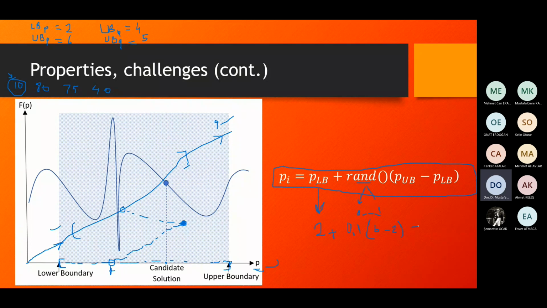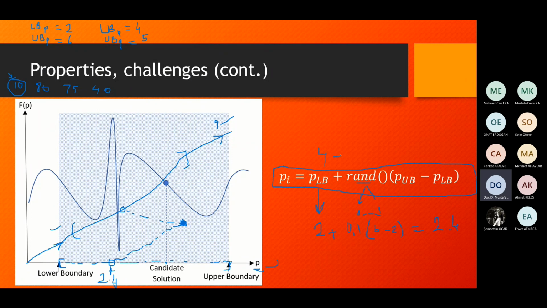Lower boundary is 2, and the first P component of the point is 2.4. Okay, and of course, in order to produce this point, we need a Q component. What is the lower boundary for Q component?